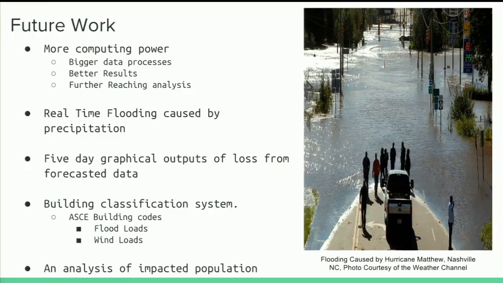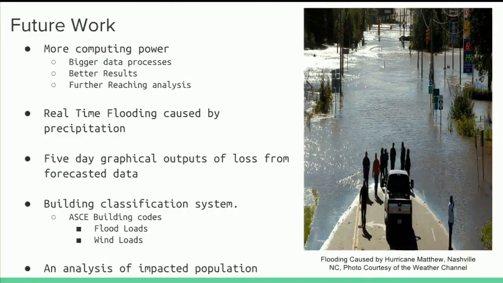So some future work. I'm running this on a very small Amazon instance, and so I need more data processing power. If I had more power, I could do better analyses, maybe even bring in precipitation from radar data. And then hopefully I'm able to create 5-day graphical outputs of loss via forecasted winds and forecasted storm surge.